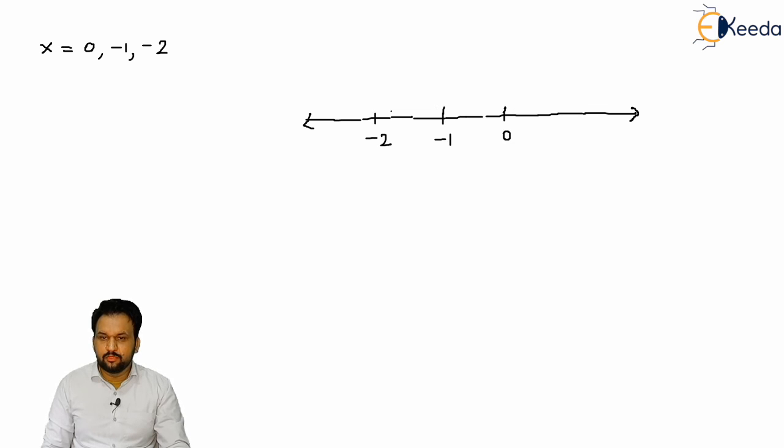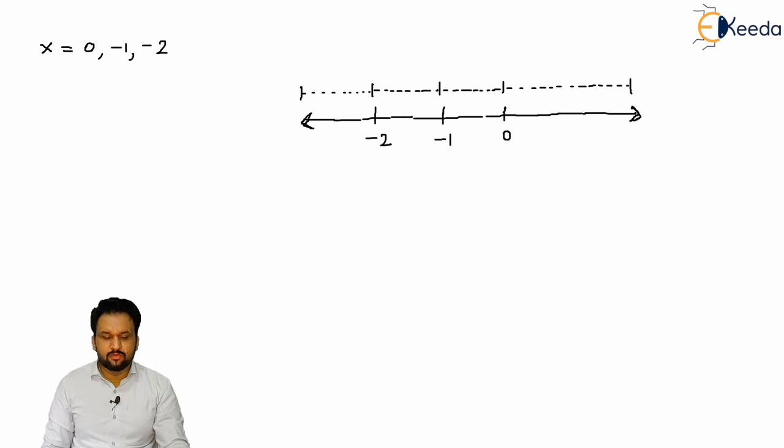So now you need to find out at which intervals this function is giving you a positive gradient or negative gradient. At this part we will check it out, at this part we will check it out, as well as this part and this part we will involve. Clear? Let's see.